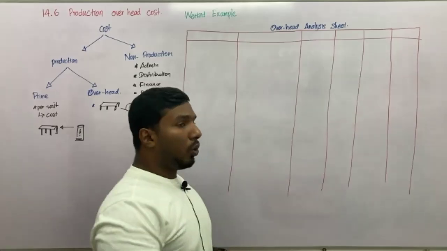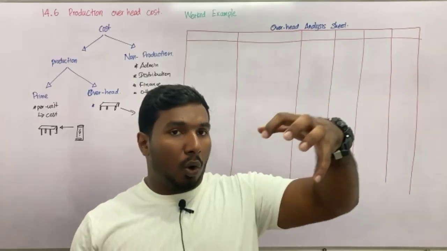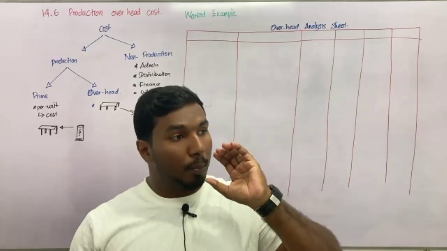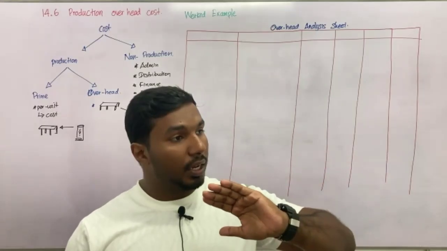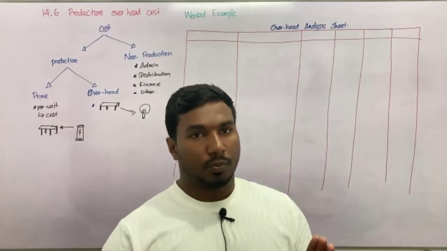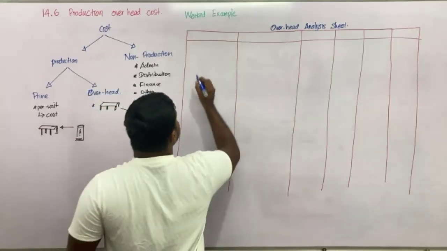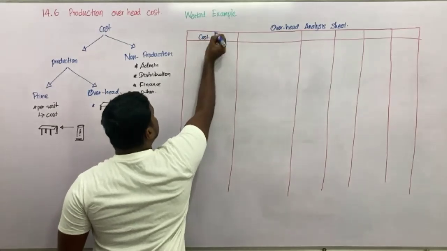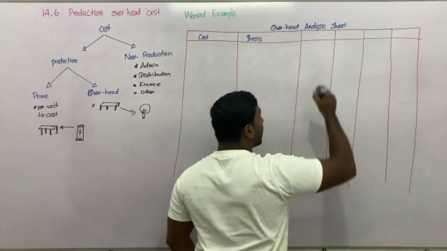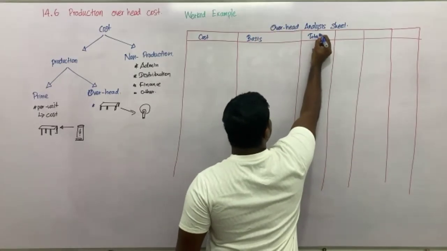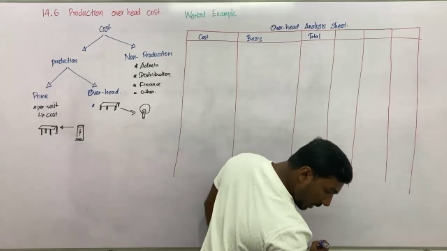Remember, this overhead analysis sheet is made to collect all the overhead costs and apportion them into specific units on a very logical absorption basis. That is the main idea of this sheet. The columns are the cost, the basis, and the total, and the departments will be A, B, and S.